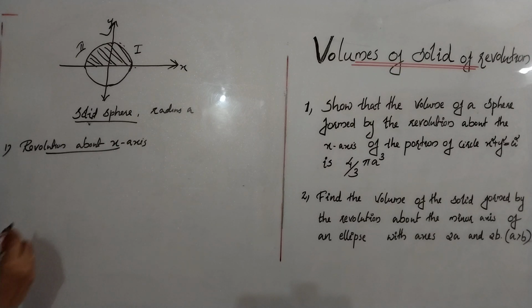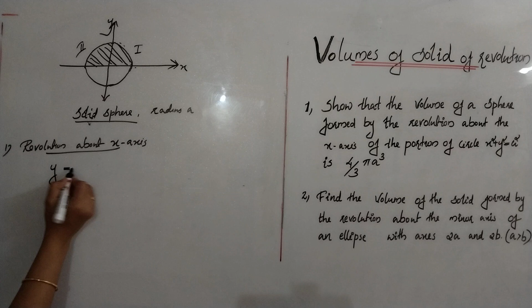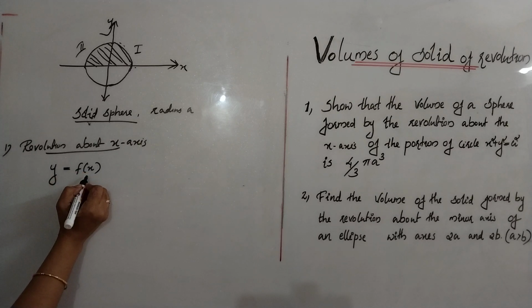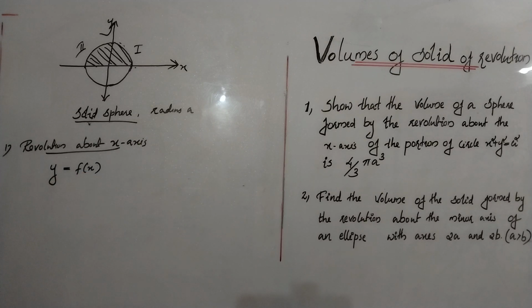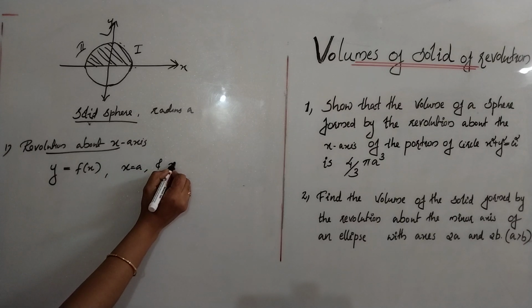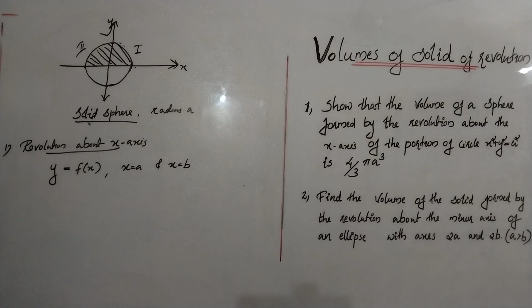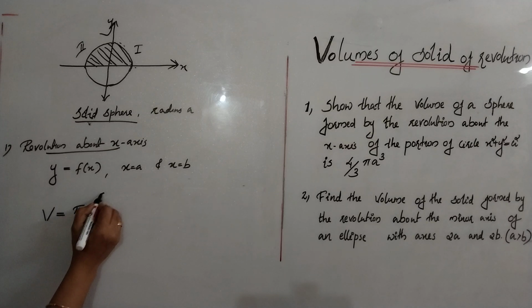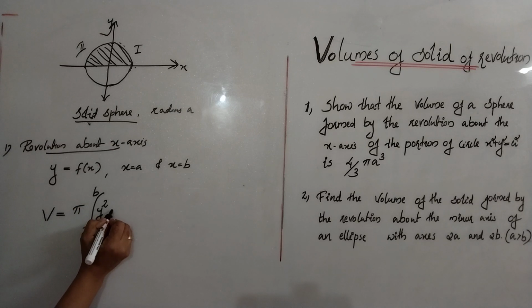If the area bounded by the curve y is equal to f of x, the x-axis and any two fixed lines x is equal to a and x is equal to b is revolved about the x-axis, we get a solid of revolution and its volume V is given by pi times the integral from a to b of y square dx.